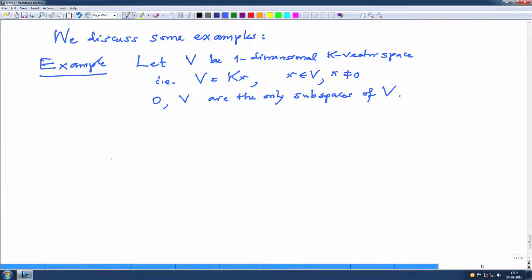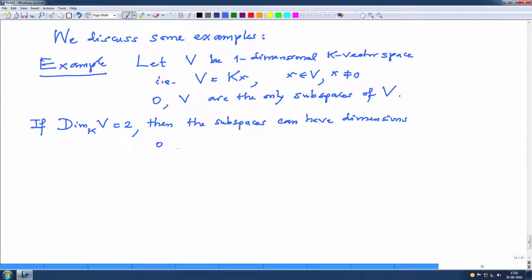Now, let us take a little bit bigger case. So, assume dimension V is 2. If dimension V is 2, then what are the possibilities for the dimension of a subspace? The subspaces can have dimension 0 or 1 or 2.